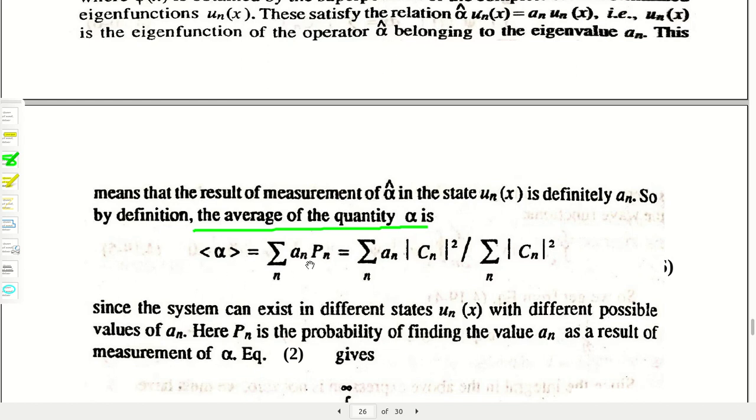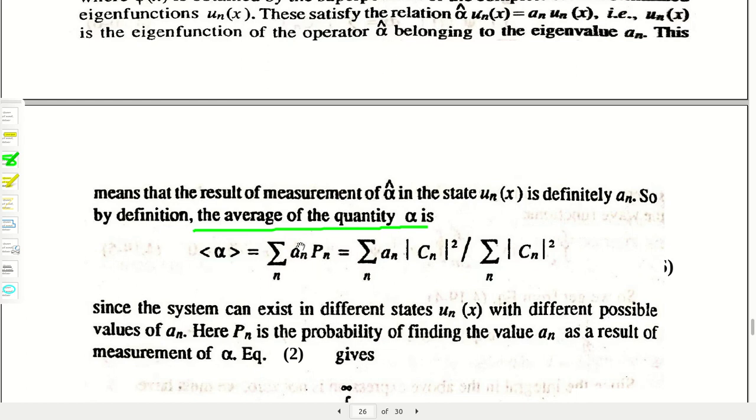It is equal to the value of that quantity times the probability of finding that value of that quantity, and the summation will be there. This is the basic statistical formula for the average value of any quantity.